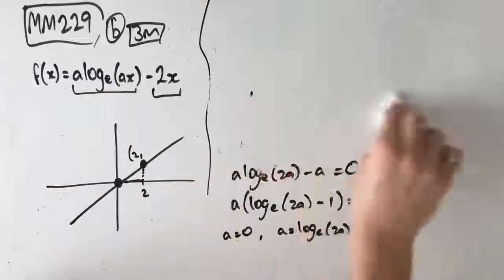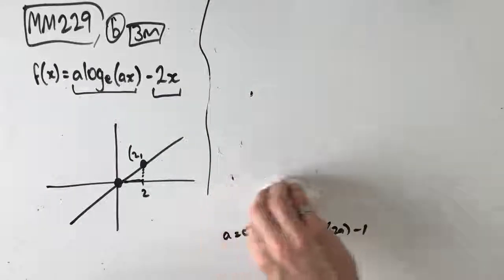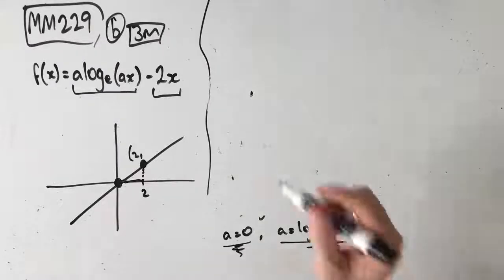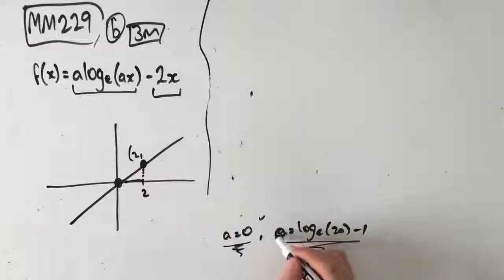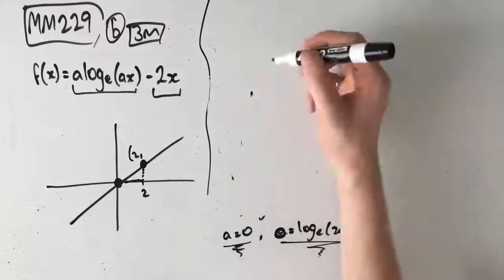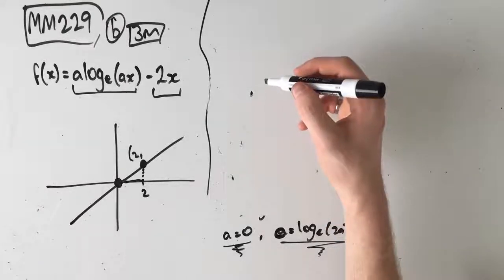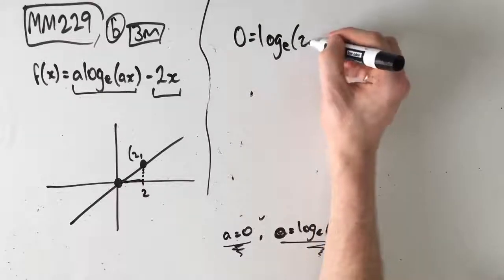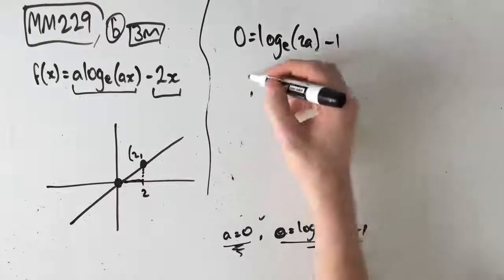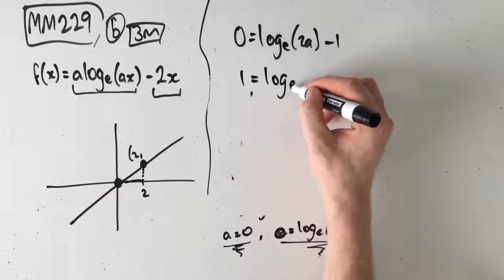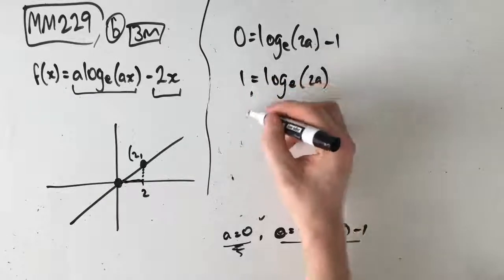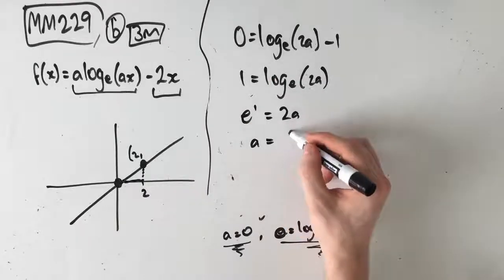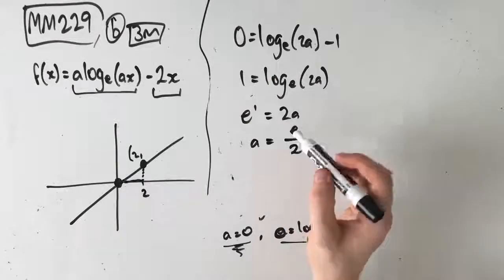Coming back up here. That's fine, we can just leave that how it is, but this we're going to need to solve. Actually, sorry, this was 0 equals log e of 2a take 1. So from here, 0 equals log e of 2a take 1, which means that 1 is equal to log e of 2a, e to the power of 1 equals 2a, which means that a is equal to e over 2.